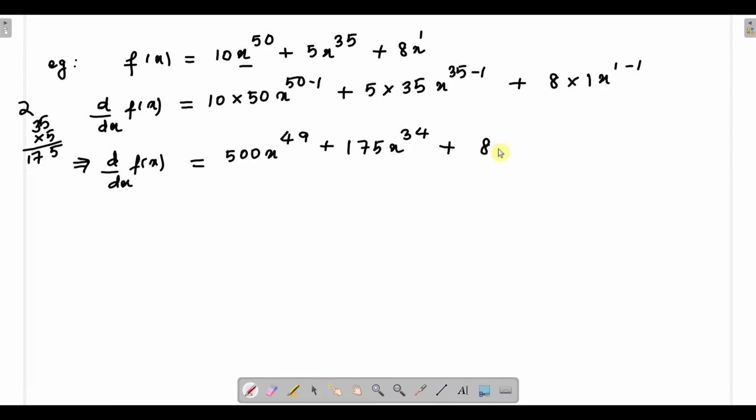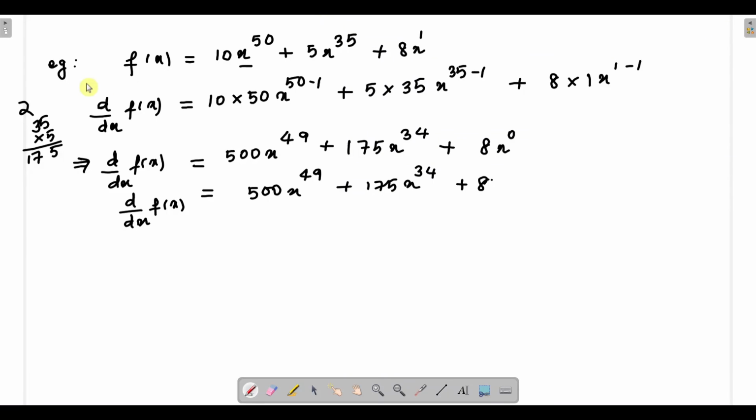And plus 8 times x raised to 0. So the derivative of f(x) will be nothing but 500 times x raised to 49 plus 175 x raised to 34 plus 8, because x raised to 0 is 1 here. Okay, so this will be the derivative, and now you know how to find the derivative.